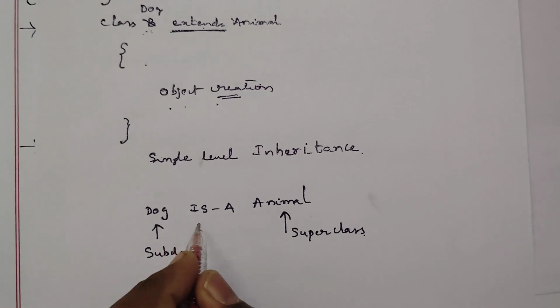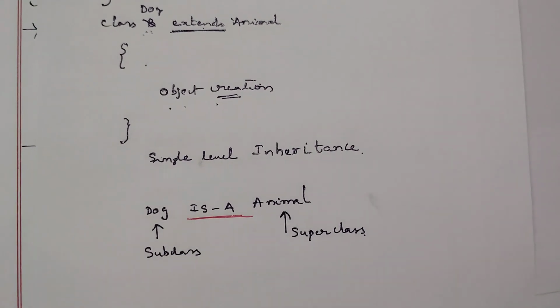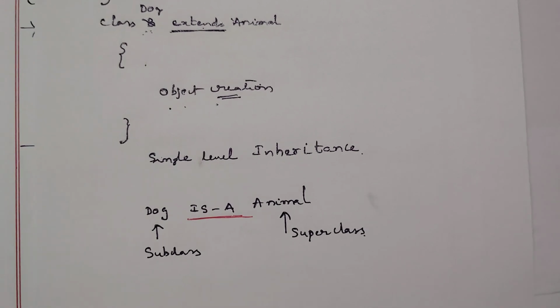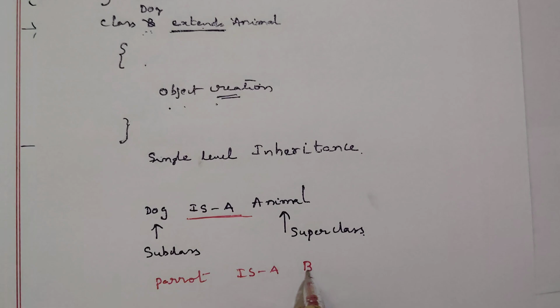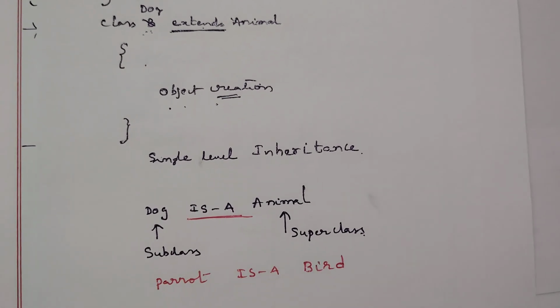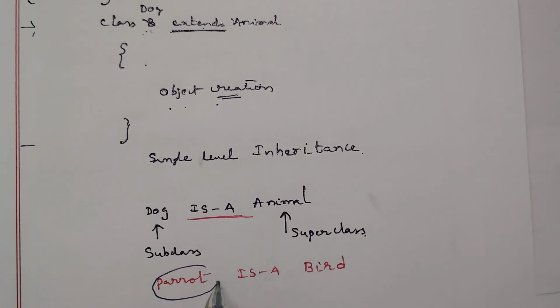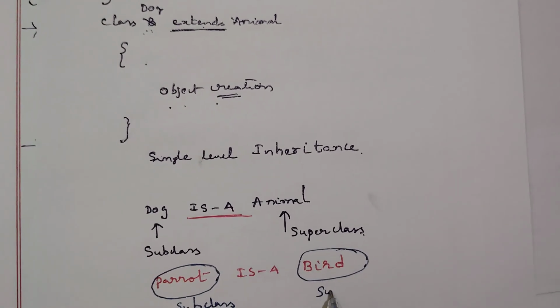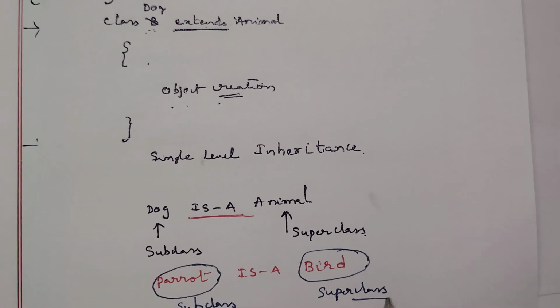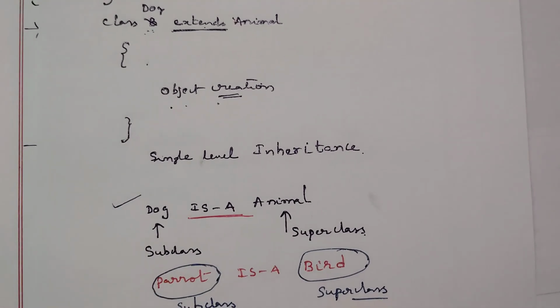The relationship between the subclass and superclass is the "is a" relationship. Similarly, suppose you have written parrot, parrot is a bird. Here the parrot is the subclass, whereas the bird is the superclass. Here the concept is the "is a" relationship.